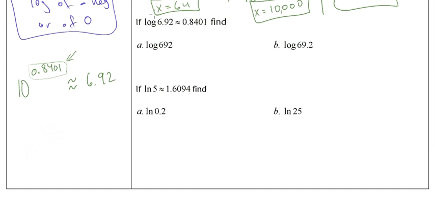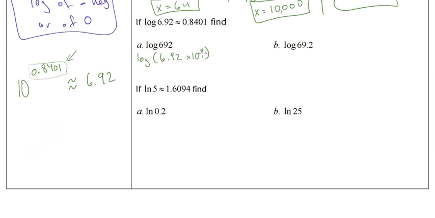So let's go ahead and use that. We've got log base 10 of 692, and we want to figure out what that's roughly equal to. This is going to be log base 10 of, but now let's change the way this is written. This is going to be 6.92, notice the relation between these two numbers, times 10 squared.